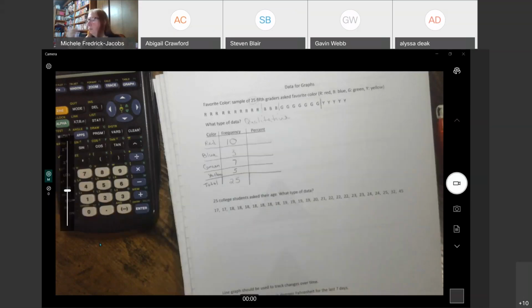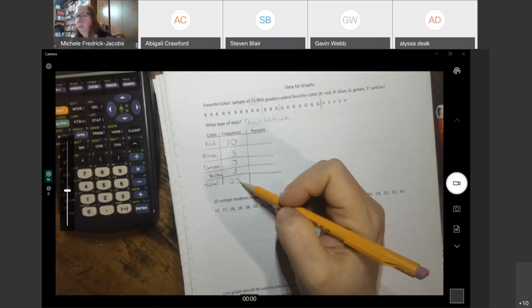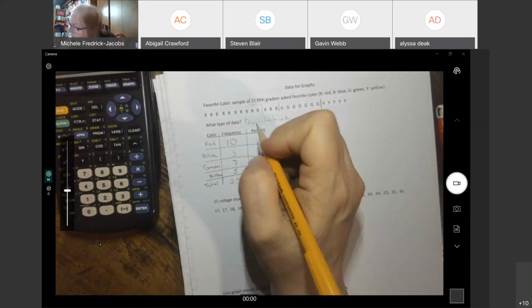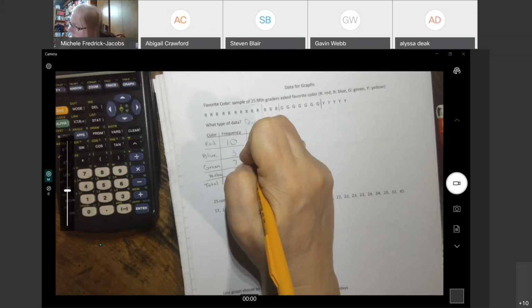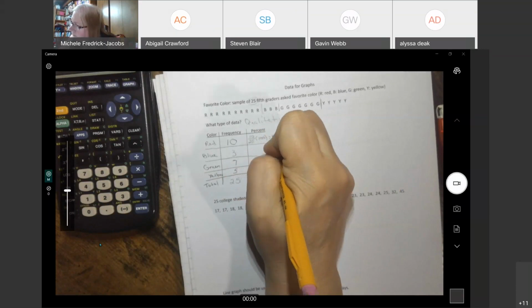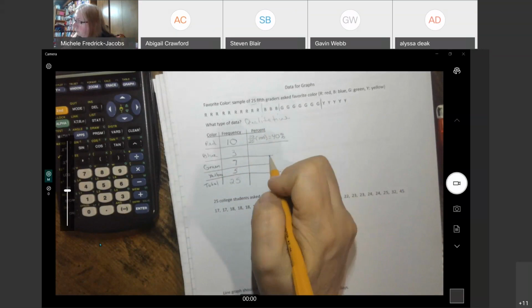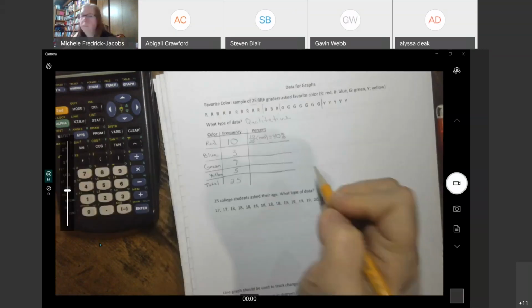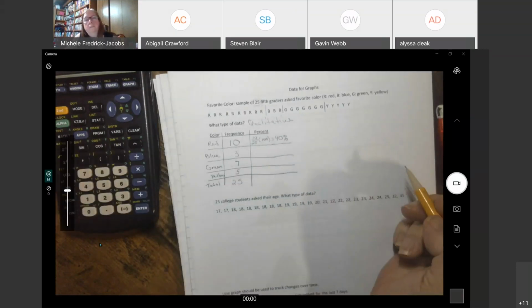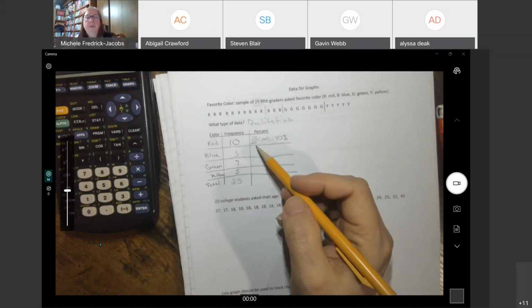Find the percent, where we take how many there are, divide by the total, and multiply by 100. So how many there are divided by the total times 100.